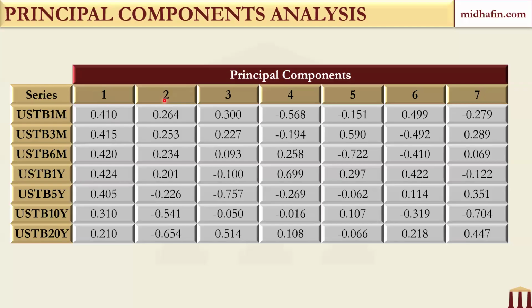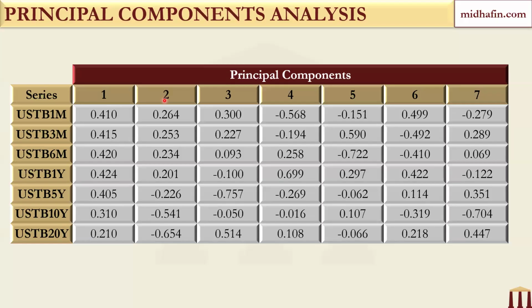So if the Federal Reserve, for example, or the RBI increases the short-term rates, and the long-term expectations are not changed, then obviously it will be a twist. The third component is a bend or curvature. It means that short-term and long-term move together, while mid-term moves in the opposite direction.